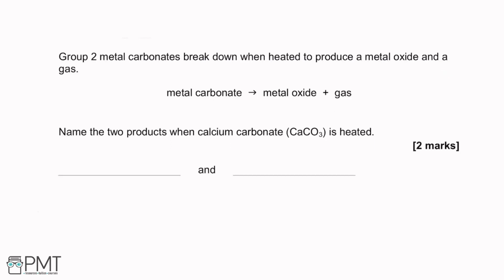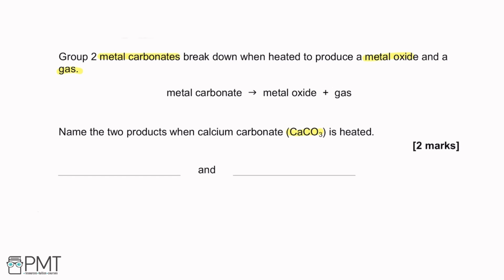Group 2 metal carbonates break down when heated to produce a metal oxide and a gas. So we can see here we've got metal carbonate makes metal oxide and gas. Name the 2 products when calcium carbonate, which we're told has the structure CaCO3, is heated.